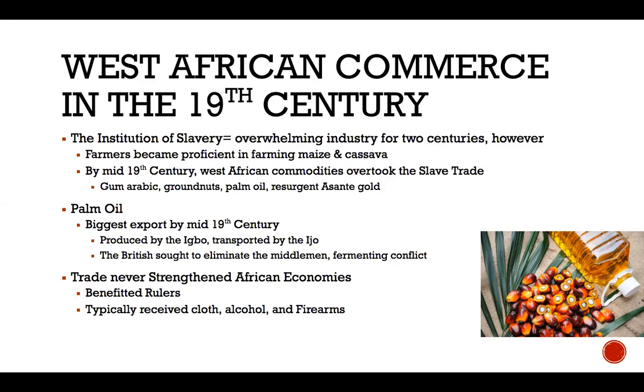in this relationship. So they tried to set up their own transportation and deal directly with the Igbo, which of course fermented conflict between the Igbo and the Ijo people. Classic divide and conquer tactics, very synonymous with the European imperialists.